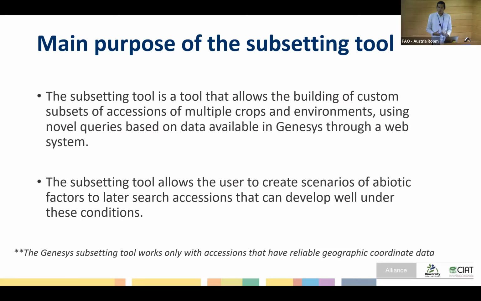And then from those groups, you can select what you're most interested in. One cautionary note here is we can only do this for accessions that have reliable coordinate data. We can't do it if we don't have that information. But in many collections, a large part of the collection has that information, fortunately.